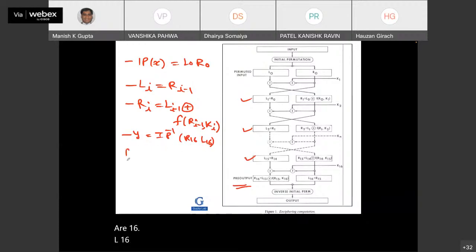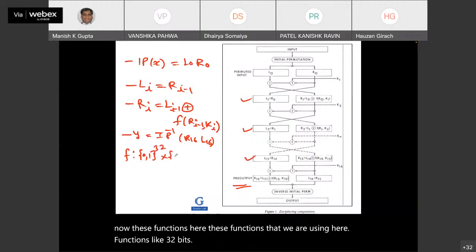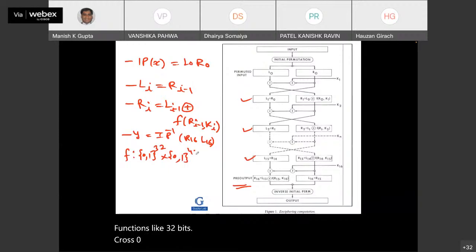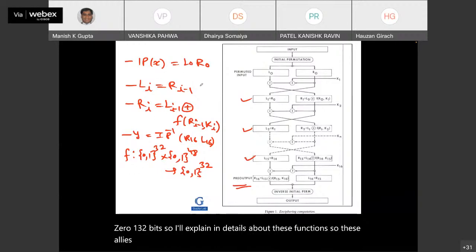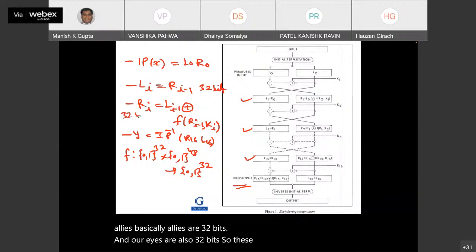Now these functions that we are using here take 32 bits and 48 bits and give 32 bits. I'll explain in detail about these functions. So basically Li's are 32 bits and Ri's are also 32 bits, the total 64 bits.